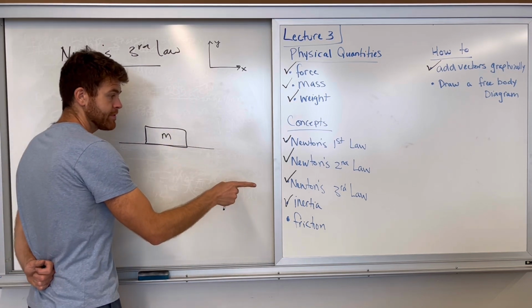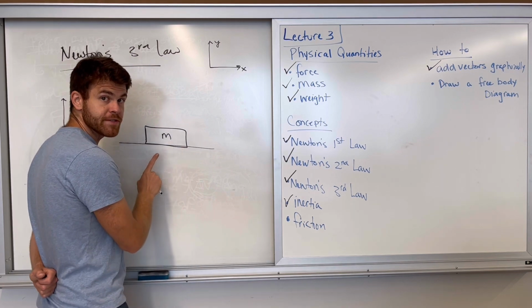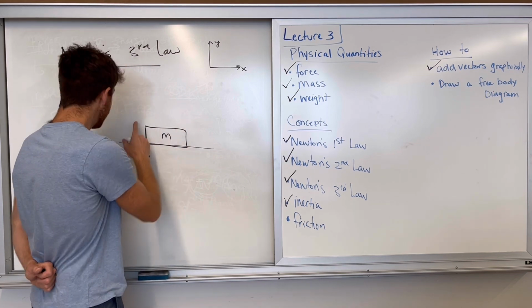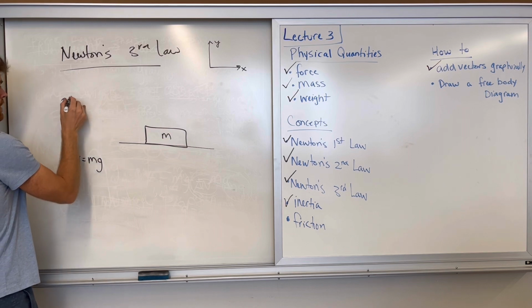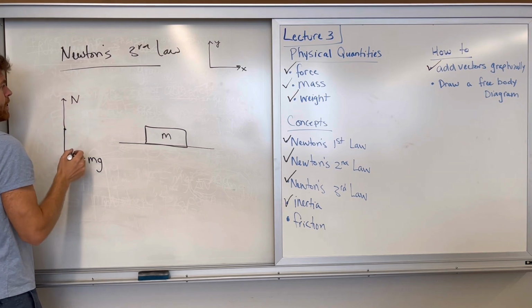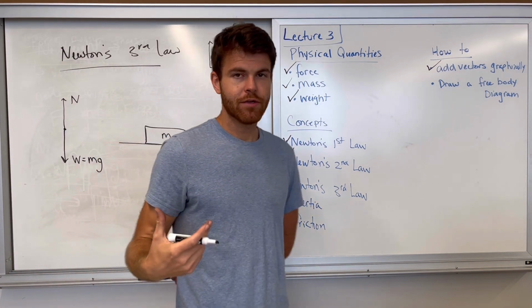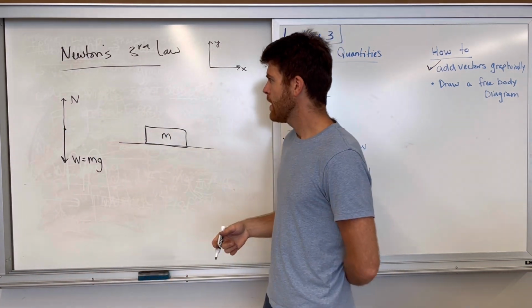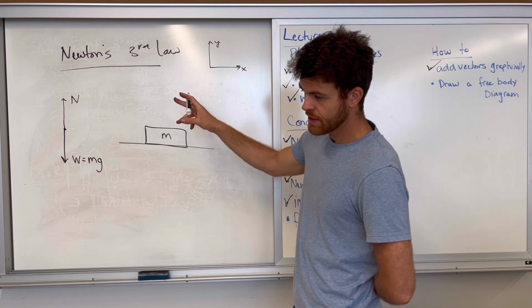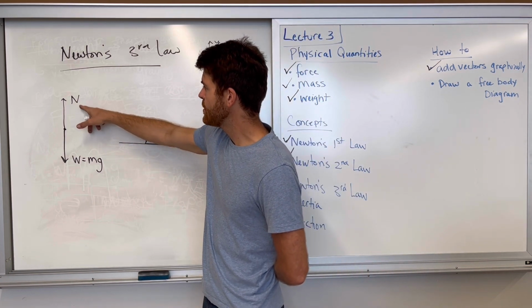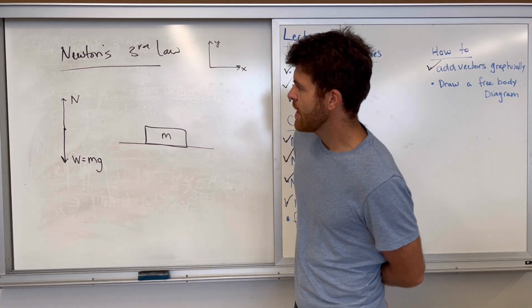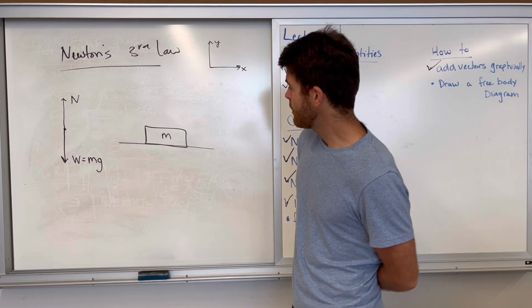But, per Newton's third law, the surface exerts a force back on the block, so we draw that force, and we call that force the normal force. Now it's a little bit confusing. It looks like it's N from Newton. But the textbook uses this notation where it's N for normal force.